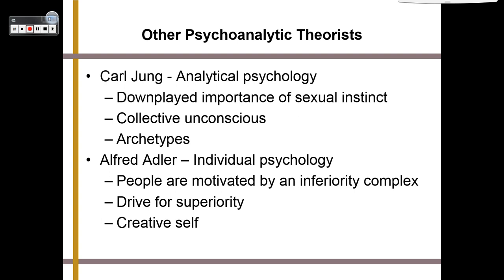Jung also believed in archetypes. Archetypes are specific personality types that people behave as. You might know someone that's the white knight, so they're always there to protect people and to rescue someone. You might know the damsel in distress who always feels like they need to be saved.